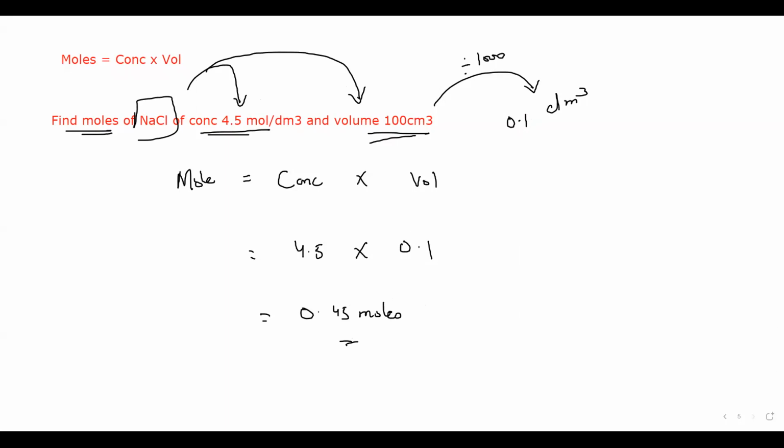The third formula for the moles is used for gases. So moles, only used for gas, of a gas is equal to volume of a gas in dm cube divided by 24.